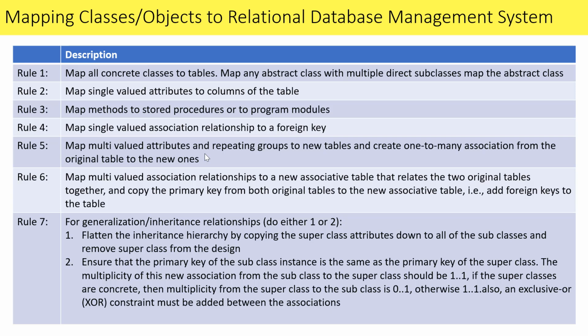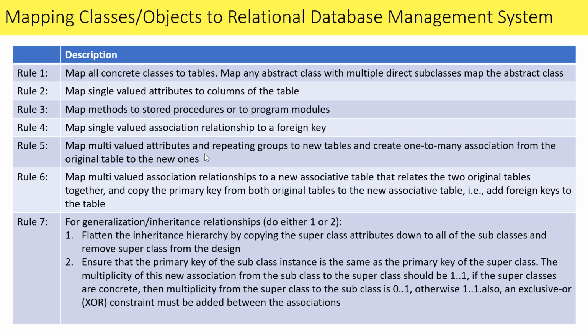Do you remember in a class diagram, if we inherit from a superclass, we don't write the attributes of the superclass in the subclass because automatically they are considered when you run the program. But when you map it to the relational database management system, you need to repeat those attributes and operations when you are mapping it to a table in a relational database management system.